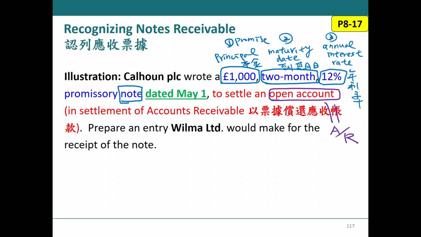Okay, so what happened today? Customer cannot pay the money back today, so they use the note to replace accounts receivable. They use the note to give you more promise guarantee. So settle an account means they cannot pay the money back today, so they use the note.